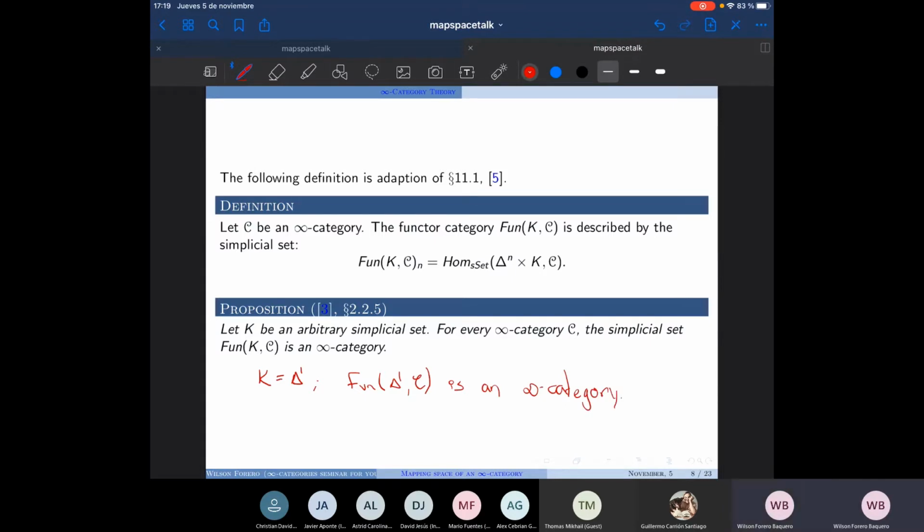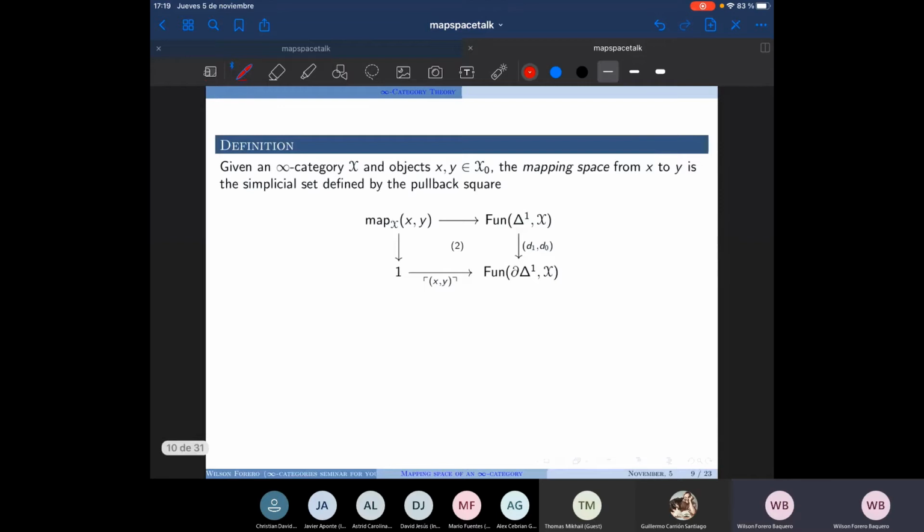We will use this case, okay? K equal to Delta 1. Why do we need this proposition? Because to define the mapping space, we have to construct a diagram, but this diagram is the same as in the classical case. All the possible functors from Delta 1 to X.